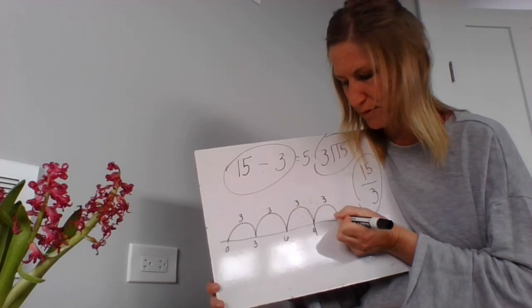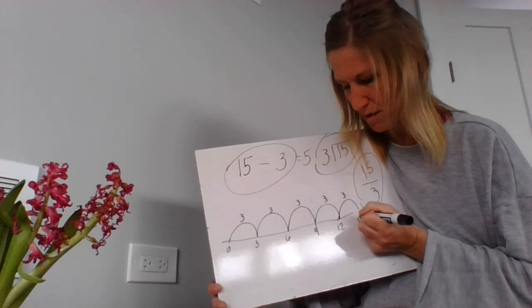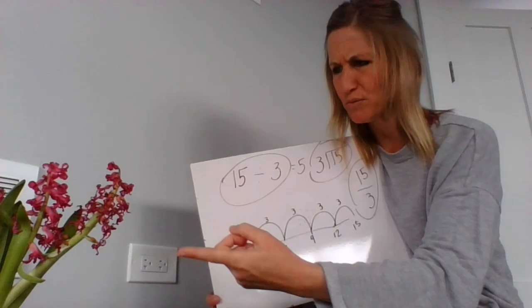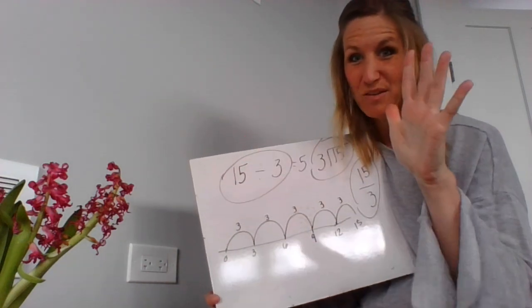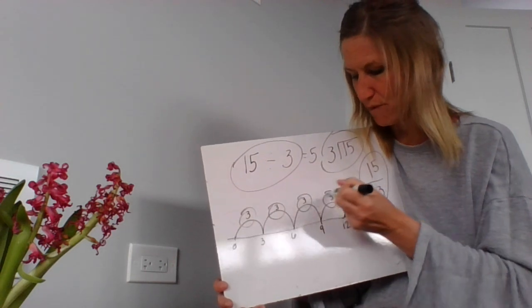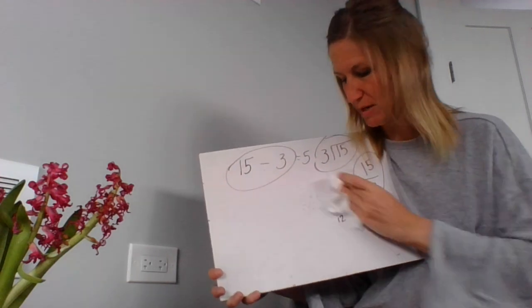There's another pot of 3, and another pot of 3. So we counted by the pots: 3, 6, 9, 12, 15, right? So 5 pots. 1, 2, 3, 4, 5. 5 pots with 3 in each. That would be another way we could do it.